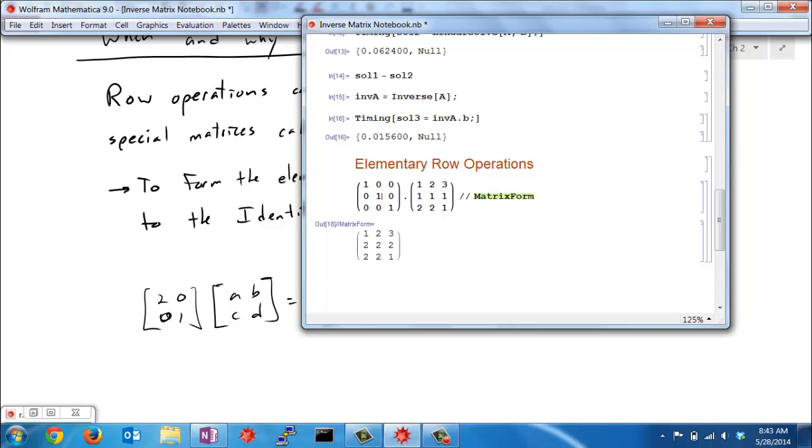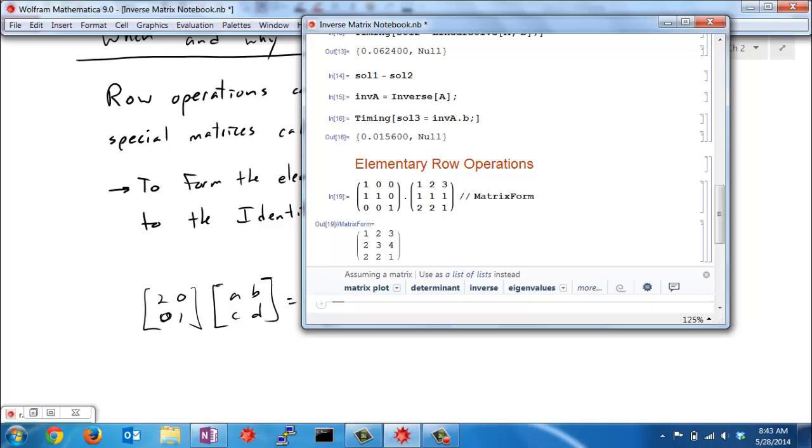Now, what if I want to do a different row operation? What if I want to take the second row and add the first row to it? Well, I just do the same thing for the identity. I take the second row and add the first row to it. Now, what do I get? What is row 2? It's just the sum of this row plus this row.